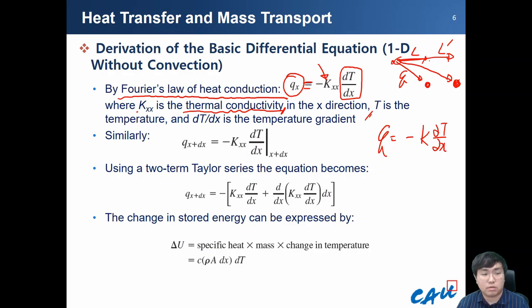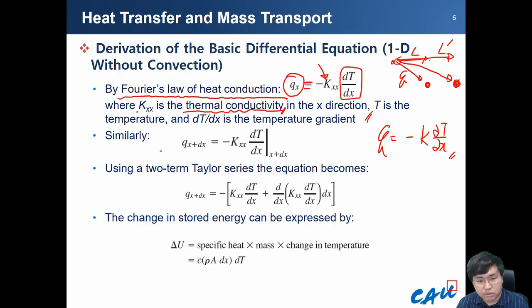So this is the definition of the heat conduction problem. If you cannot agree with this assumption, you can add to or modify this equation. However, in heat transfer, especially heat conduction phenomena, they follow these simple linear relationships.